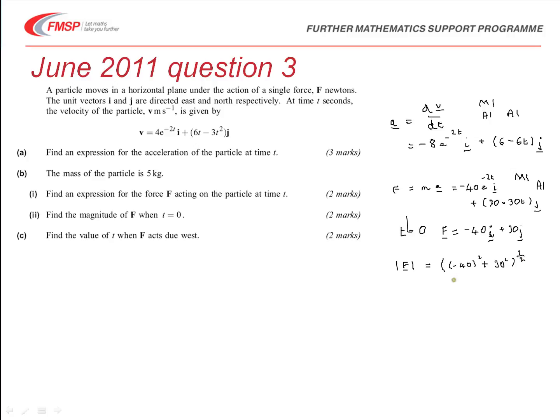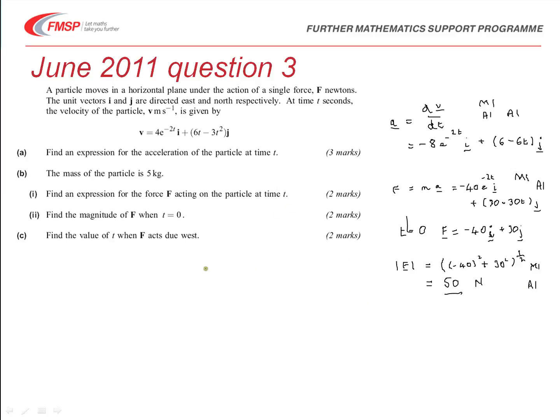But we don't really have to do any working, because we should realise it's a 3, 4, 5 triangle, so the answer is 50 newtons. Again, 2 marks there: a method mark for obtaining the appropriate expression for this square root, and an accuracy mark for obtaining the correct value for the magnitude.